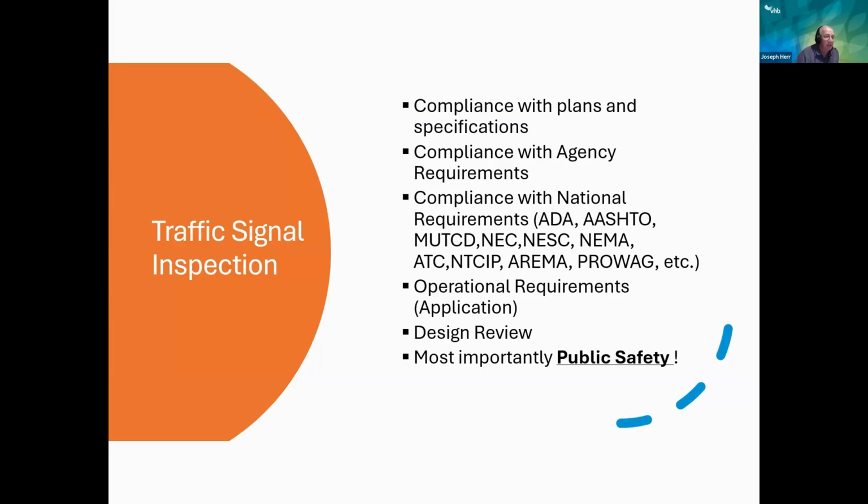They all have supplemental requirements that go along with the plans and specifications. There are also national requirements: ADA, AASHTO, MUTCD, National Electric Code, National Electrical Safety Code, NEMA, ATC, and so on, the whole alphabet soup of national requirements that have to be looked at. And operational requirements: there may be specific things on the construction plans that need to be looked at during inspection as well.